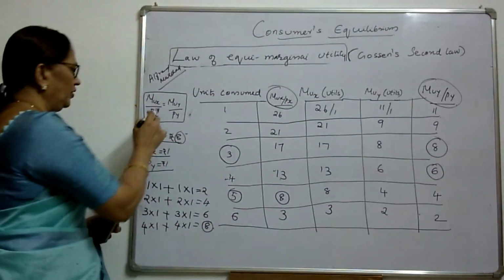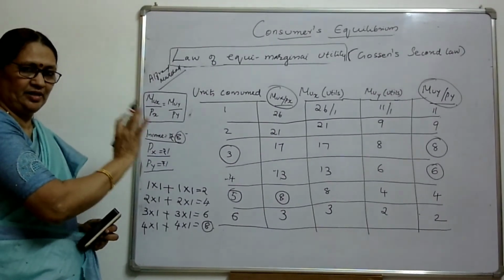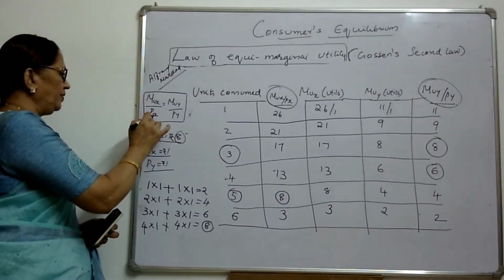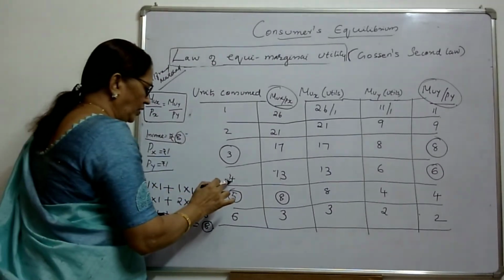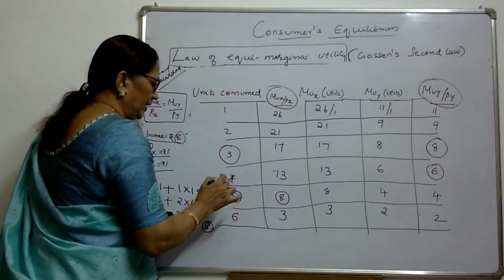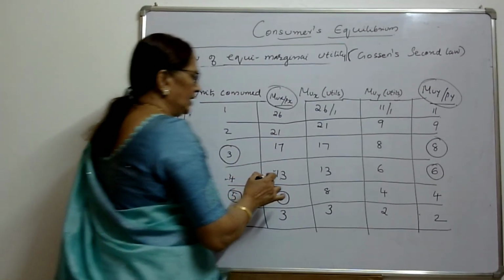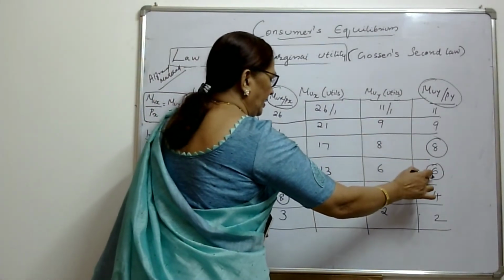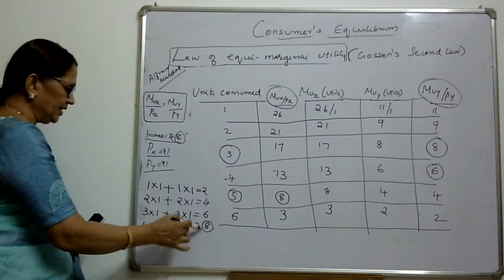Is this condition fulfilled? No. This is the main condition to be fulfilled: MUx by Px is equal to MUy by Py. With 4 units of good X, MUx by Px is 13 and MUy by Py is 6, even though he has spent his entire income.